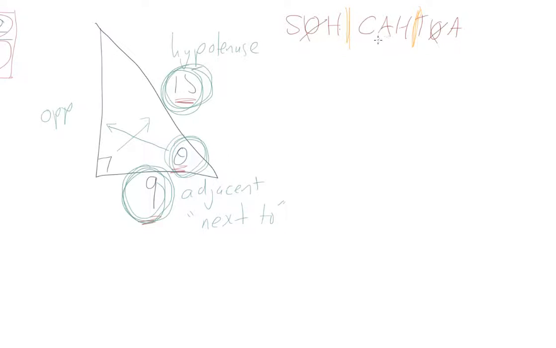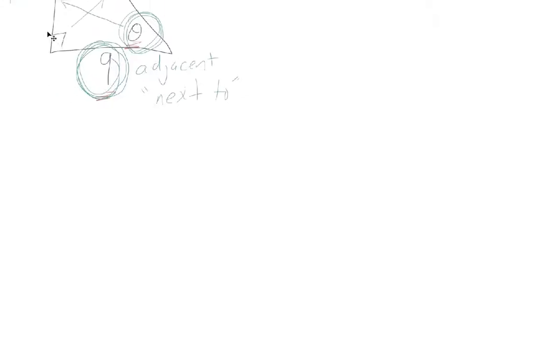What I do have is my adjacent, 9, and my hypotenuse, 15. This is going to be a cos ratio. Cos theta equals adjacent over hypotenuse, so cos theta here is 9 on 15, linking my sides with my angle.